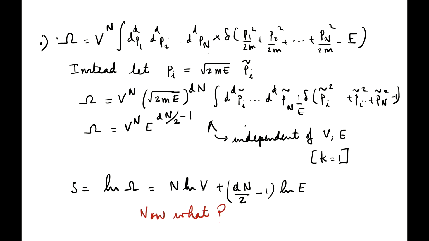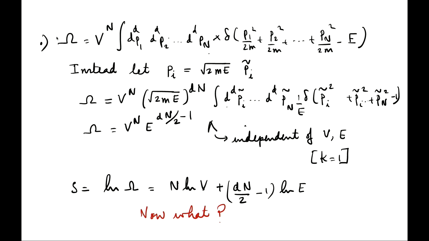Once we have this, we have computed our omega, not fully, in terms of some unknown constant, but we look at rule number 2. We ask what is entropy? Entropy is log omega. So when I take log omega, I get n log V, plus dn by 2 minus 1 log E, plus log of this gamma which I have forgotten. So we have computed the entropy.